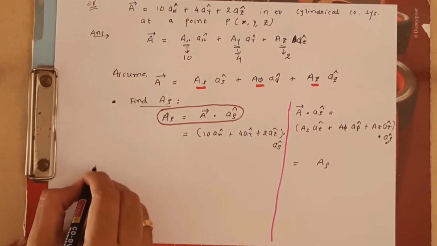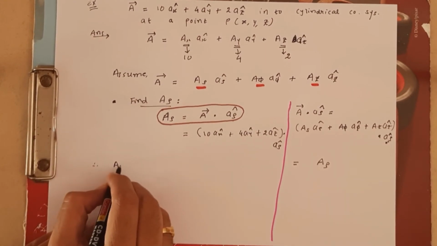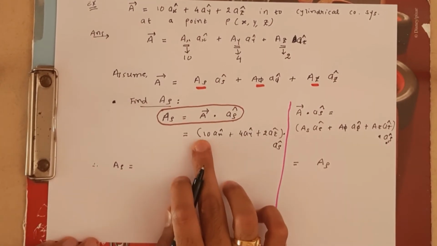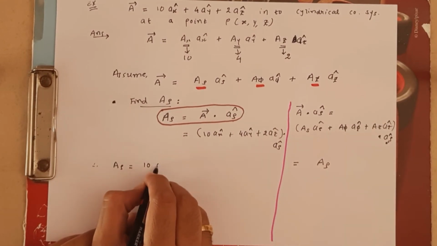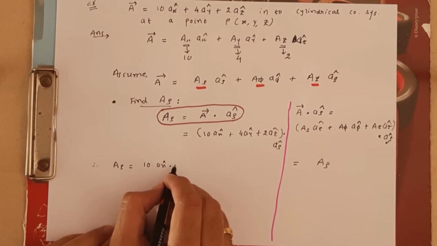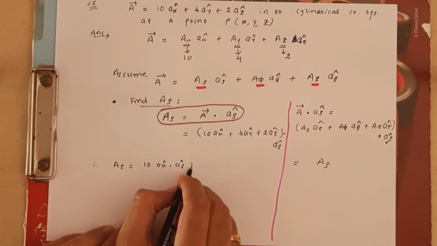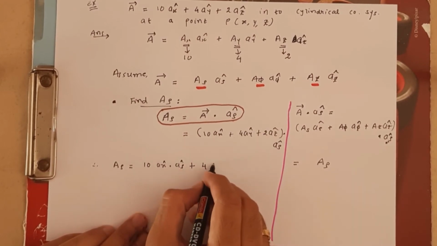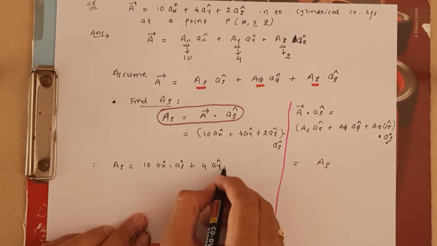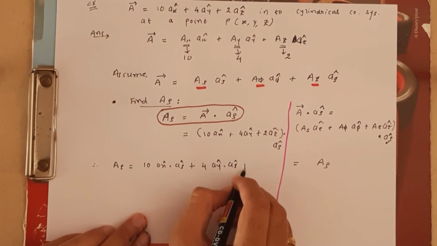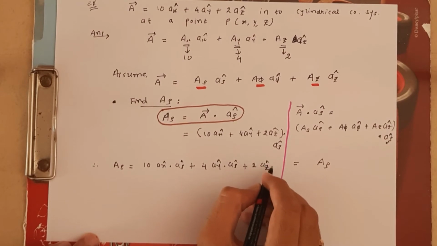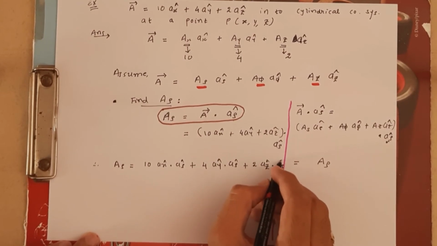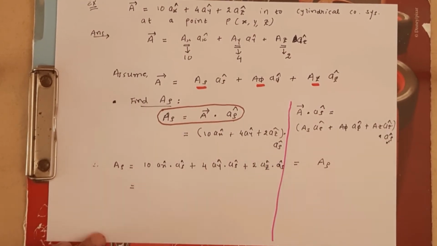Okay, so now this tan ax dot aρ plus 4ay dot aρ plus 2az dot aρ.